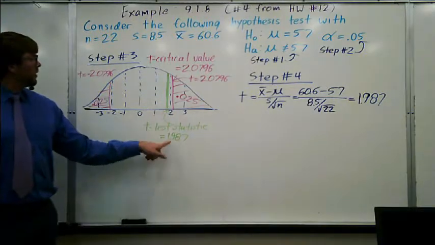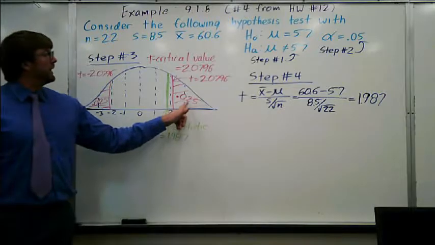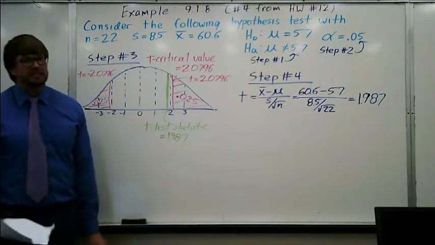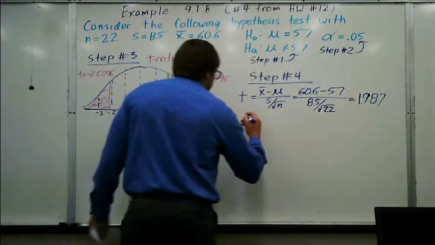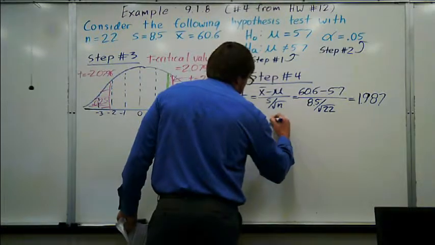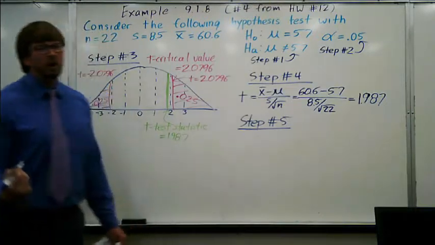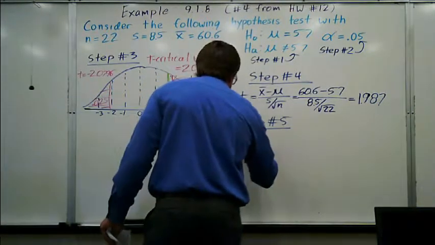So clearly, 1.987 is not quite into the rejection region. That starts at 2.0796, right? So finally, step number 5, because it doesn't fall into the rejection region, we just fail to reject the null hypothesis.